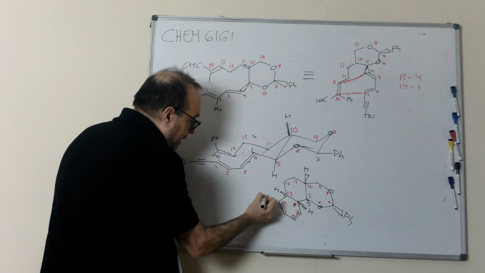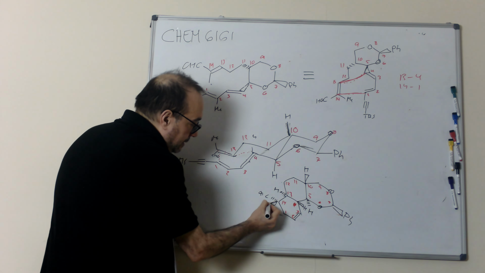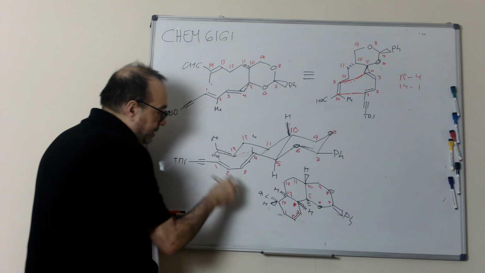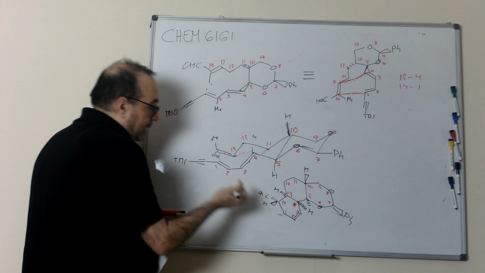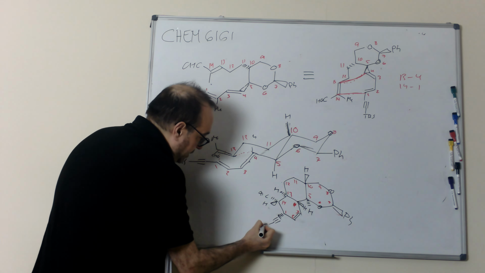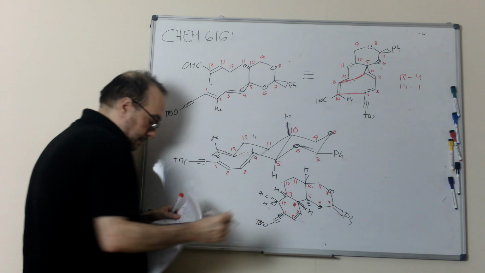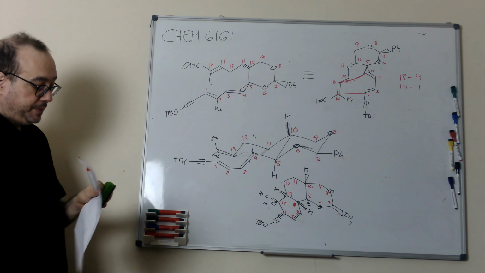CHO will be down. If we are forming this bond, the CHO is going down, the hydrogen is going up. And if we are forming this bond, the hydrogen is going up and the methyl is going down. And this will be the final configuration.